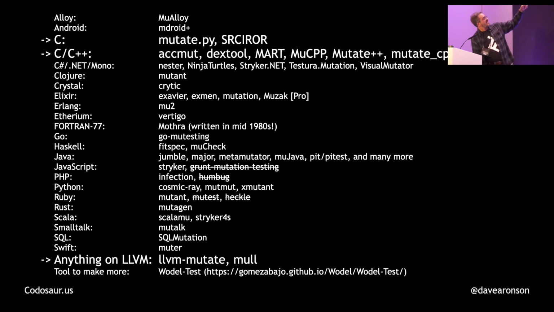For C and C++, we've got ACMUT, DexTool, Mart, CPP, Mutate++, Mutate CPP, and again, Surceror. Just in alphabetical order, nothing else implied there. I have not tried all of those. Okay, I haven't tried any of those. And for anything using the LLVM toolchain, you can also use LLVM mutate and mul.